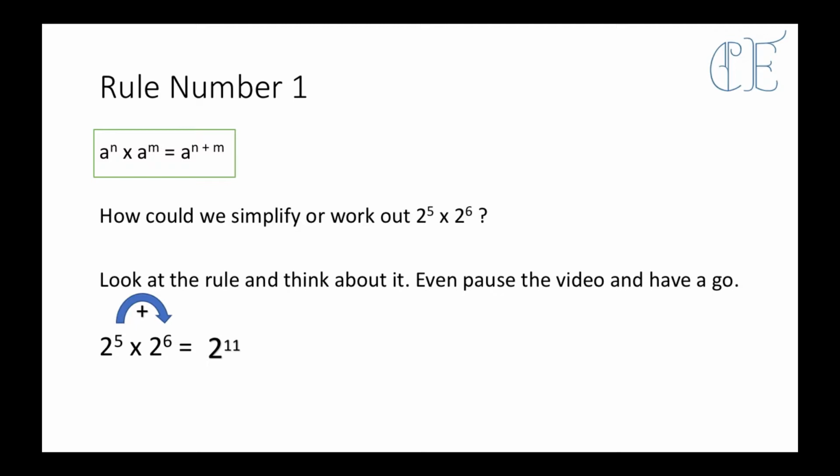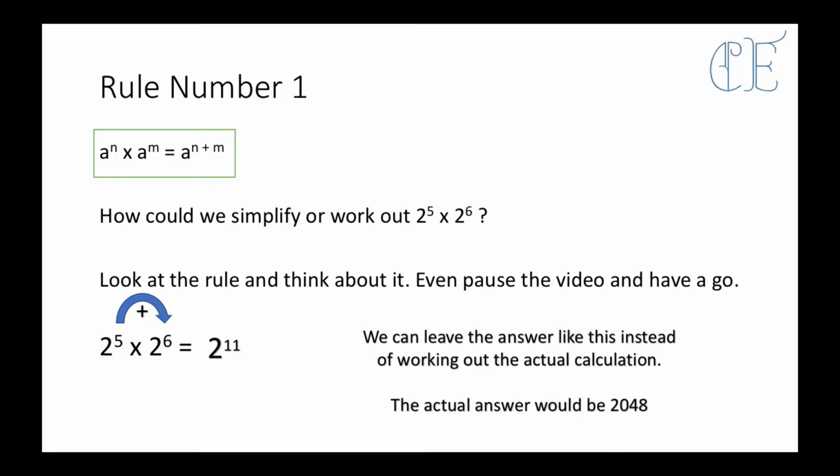You probably won't get asked to do that unless it is a calculator paper. Okay, and there will be a video on using calculators to do this kind of thing. Okay, so the actual answer would be 2048, but like I said, leave it in the simplified version. That's mainly what they're going to want you to do.